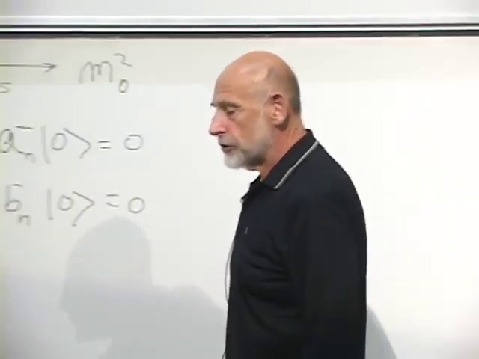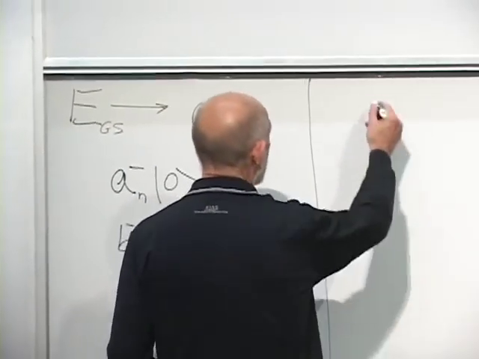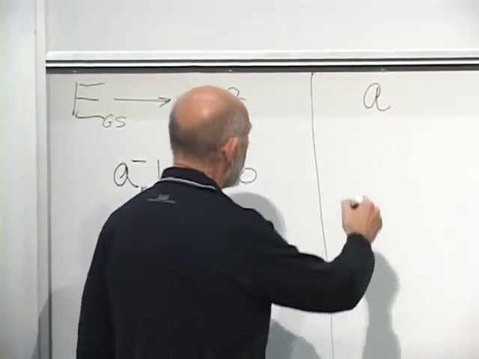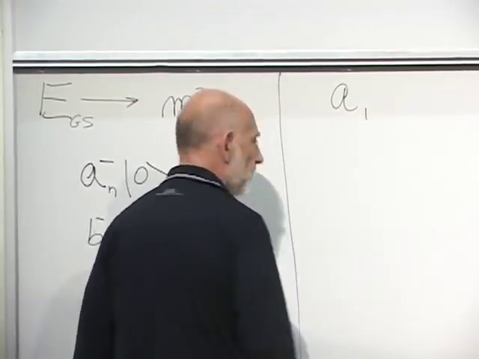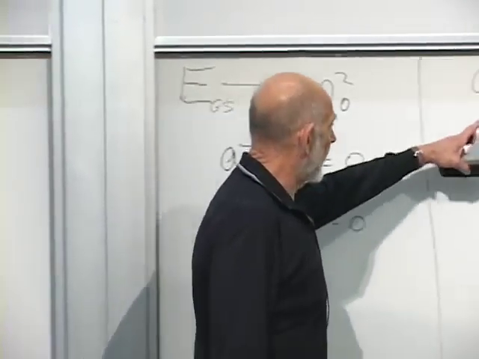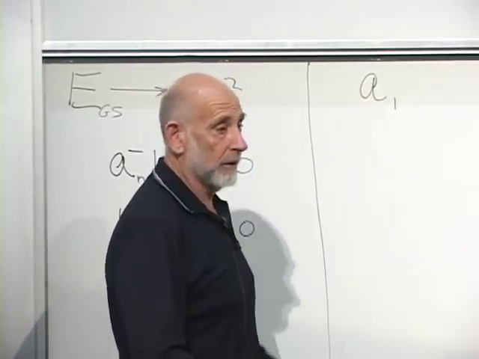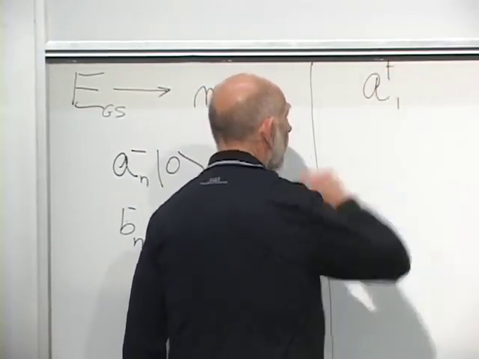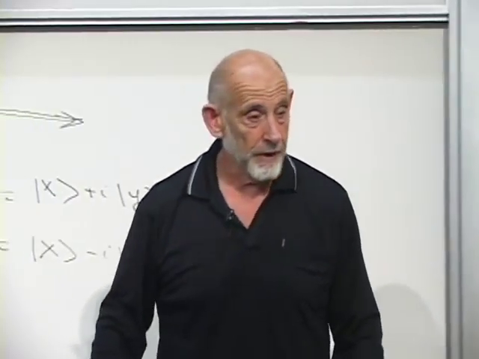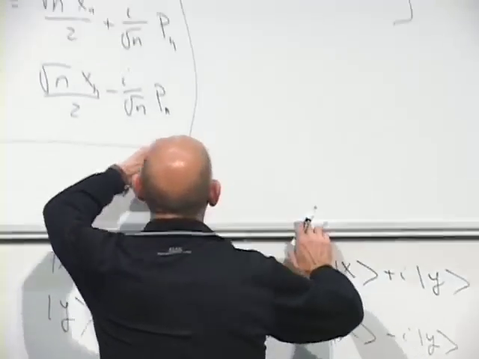The cheapest thing in energy that we can do to it is to apply the creation operators, the raising operators, but the lowest one, A1. Remember, each oscillator increases the energy by its frequency in units. And so, if we want the lowest energy, we want to hit it with the oscillator of smallest frequency. The oscillator of smallest frequency corresponds to n equals 1.